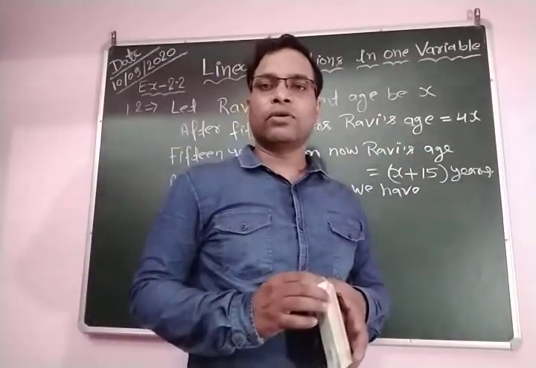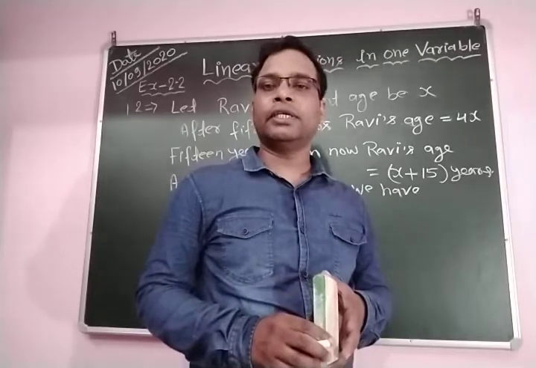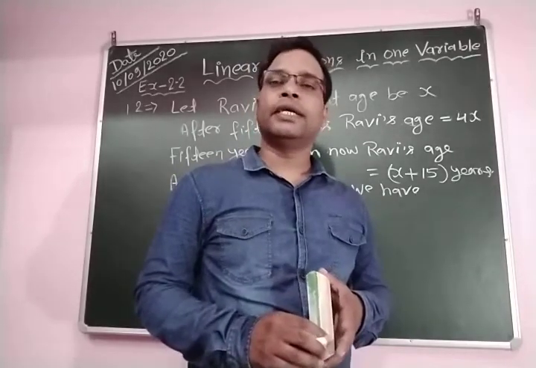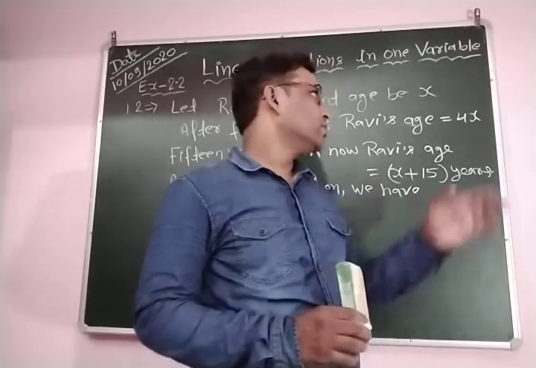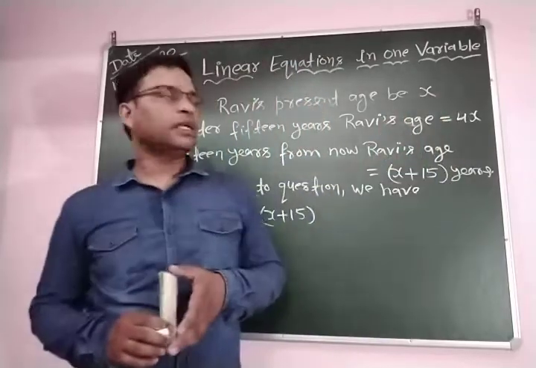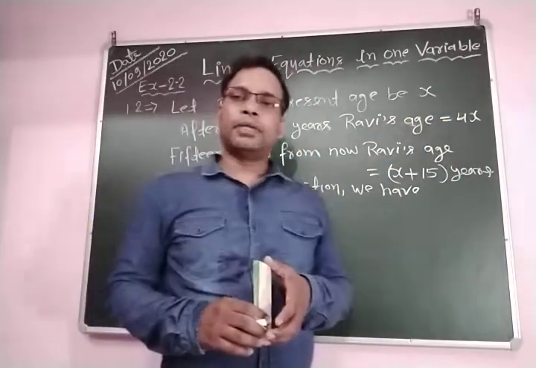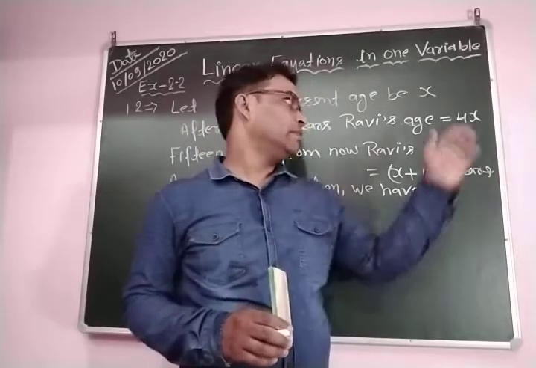The question tells us Ravi's age after 15 years is 4 times his present age. So if present age is x, after 15 years Ravi's age will be 4x.